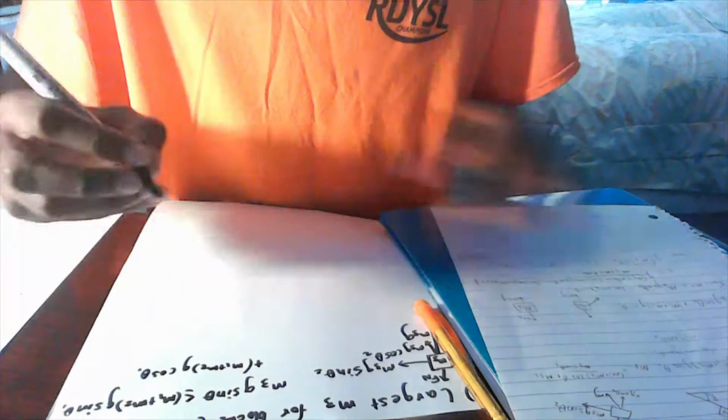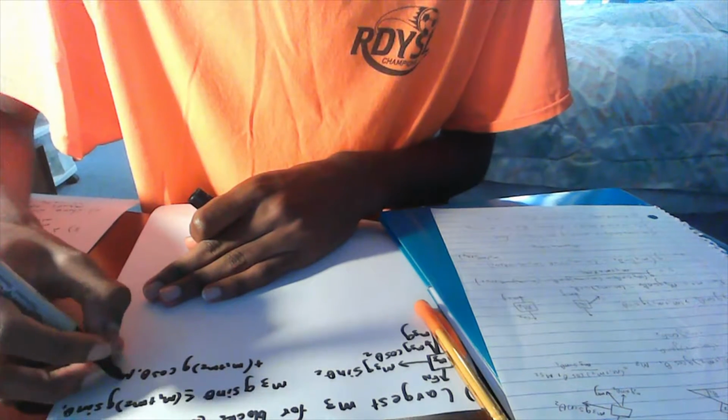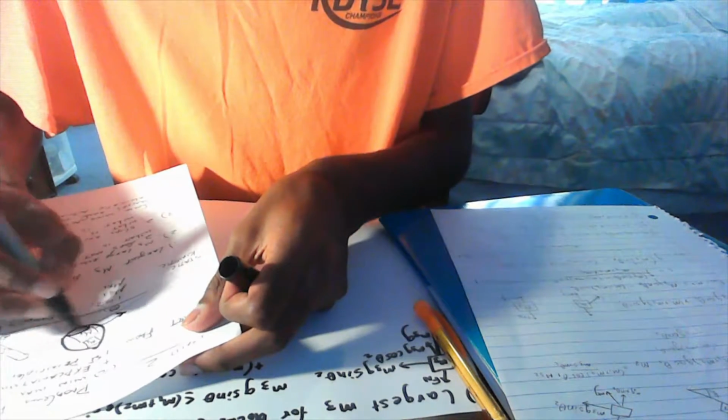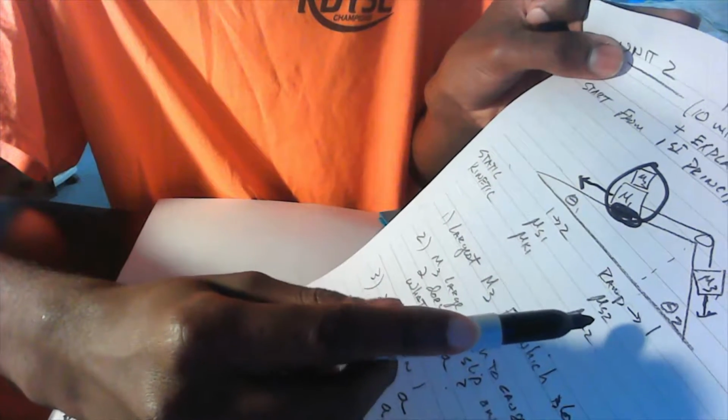the static coefficient between M1 and the incline. We're going to use this one, the ramp, and since there's no motion, it's static friction. And we're going to use that coefficient of friction there.